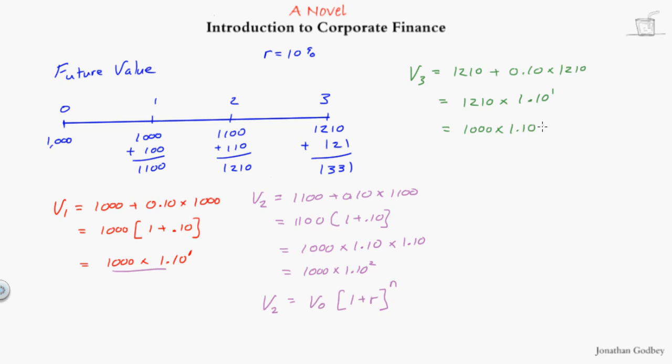I know you may be bored at this point, but I really want to make the point here. I want you to see what's going on. Each time I move forward, I add 10% more. So the formula is going to look like this: 1,000 times 1.10 cubed, because what happened? If I want to know the value in year 3, and I started out with a value in year 0, I took 3 steps, and the size of the step was the interest rate.